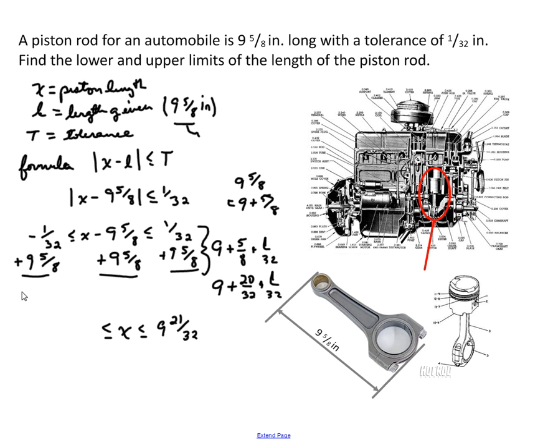How about on the other side? Similar deal. We're going to be taking 9 plus 5/8 minus 1/32.